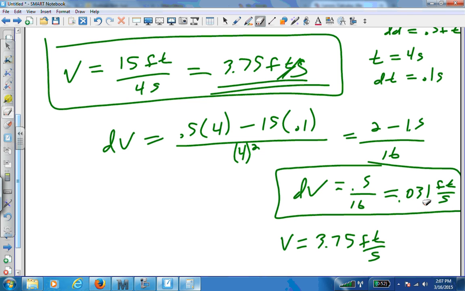So that's roughly what our error would be under those restrictions.